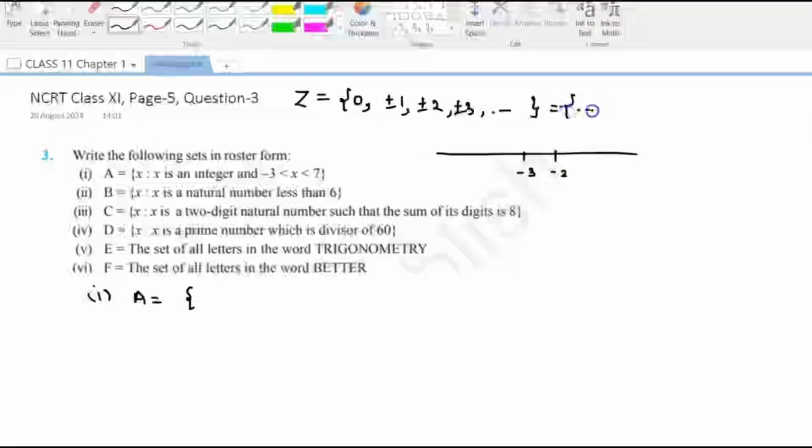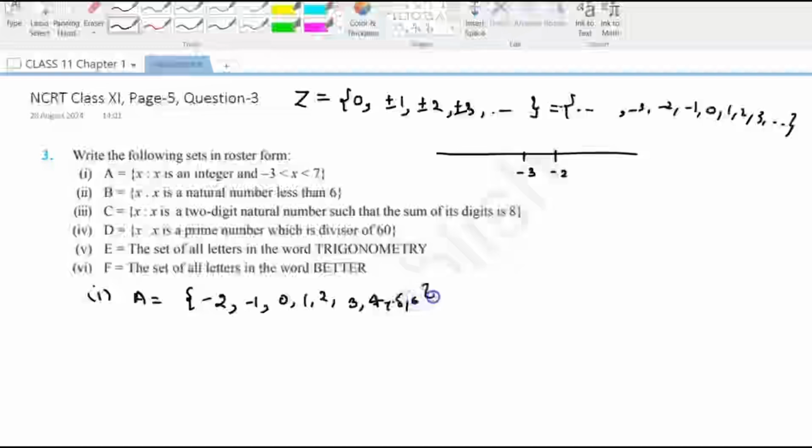You can also write it like this: minus 3, minus 2, minus 1, 0, 1, 2, 3 and so on. We need to write the numbers greater than minus 3. So minus 2, minus 1, 0, 1, 2, 3 up to 7, 4, 5, 6 and we will not write 7. Okay. Next.